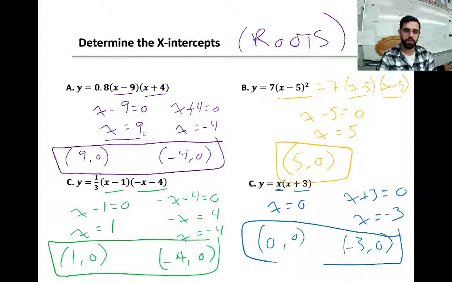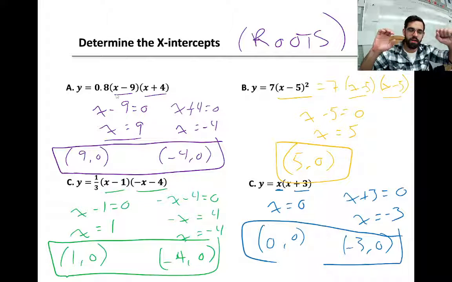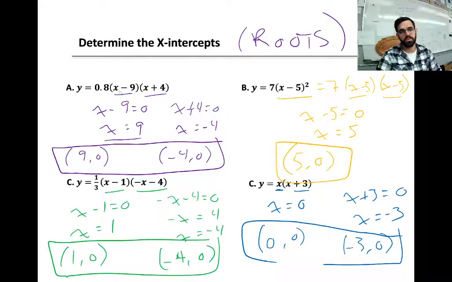Some examples. Remember, x-intercepts are when the y value is 0. Whenever x makes a factor equal to 0, anything times 0 equals 0. So whatever number I can put in for this x to make this factor equal to 0 is an x-intercept.